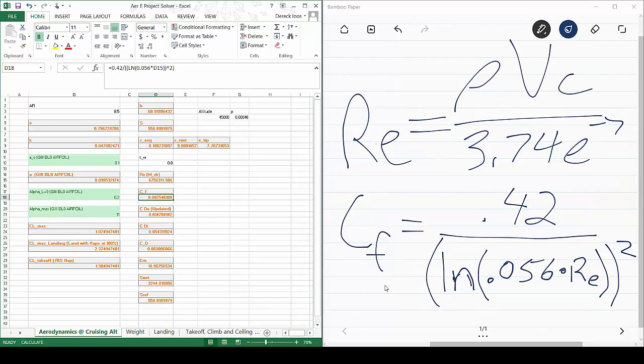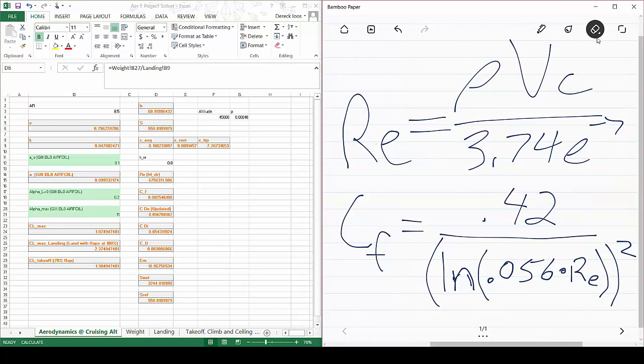And now finally we can update our CD0 value by taking the total surface area of the plane, which is noted here as S wet, which can be defined as the total area of the fuselage plus 2 times the total area of each wing plus 2 times the total area of each engine, and later on we can add in the surface area of the tail and the stabilizers, and then we divide that by S ref, which is going to be the same as the area of the wings.